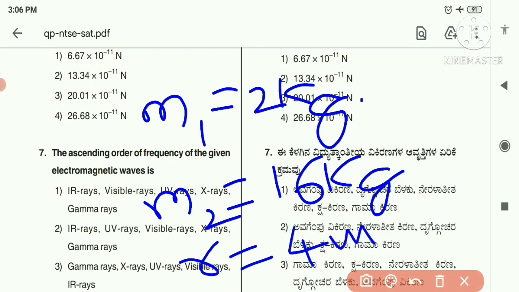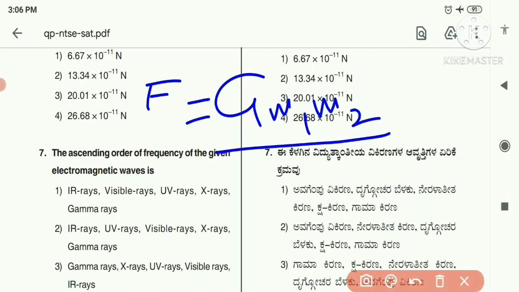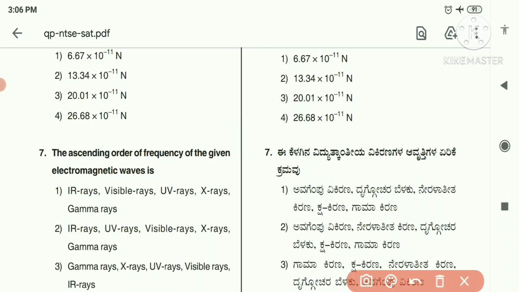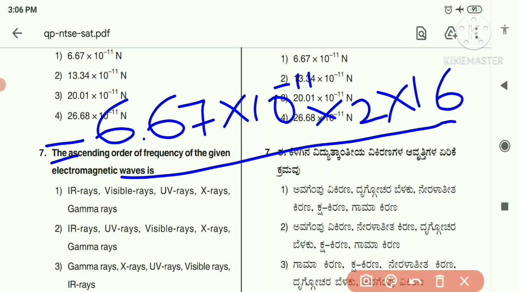Next we have to write the force formula. F is equal to capital G M1 into M2 divided by R square. So F is equal to 6.67 into 10 raised to minus 11, next 2 into 16, divided by R square, which is 4 into 4.